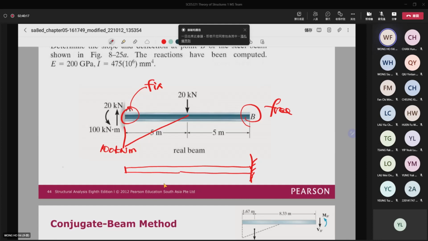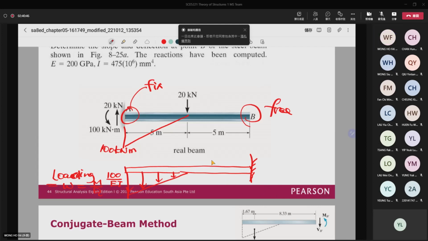And then the loading will be equal to W equals M over EI. So this is your loading here. It will be equal to 100 over EI. This is the loading applied on the beam.